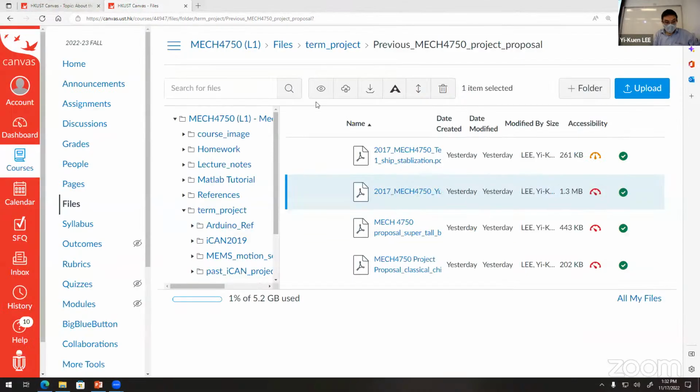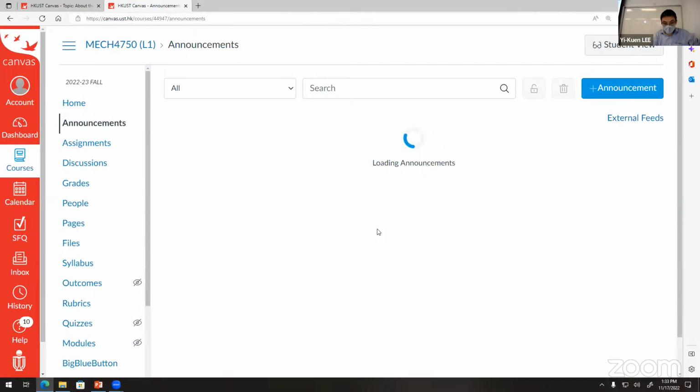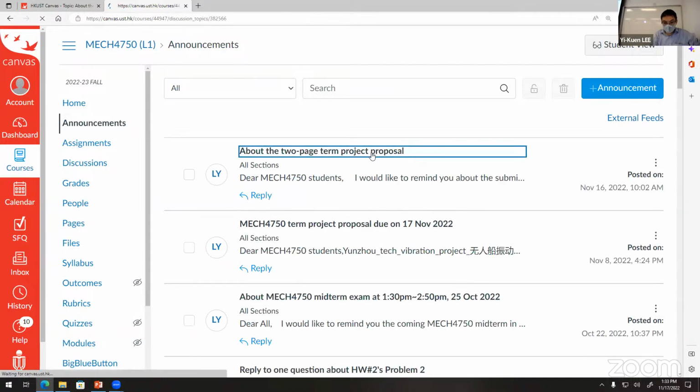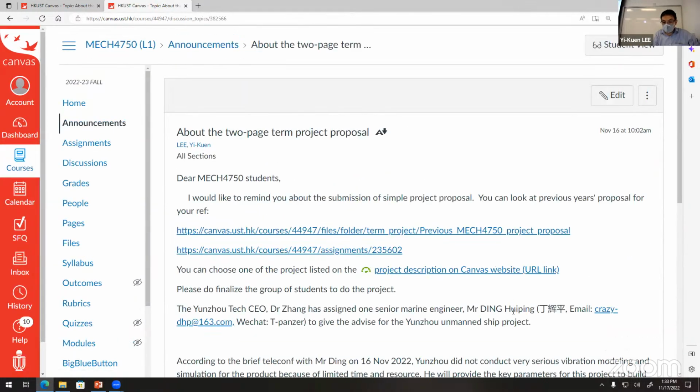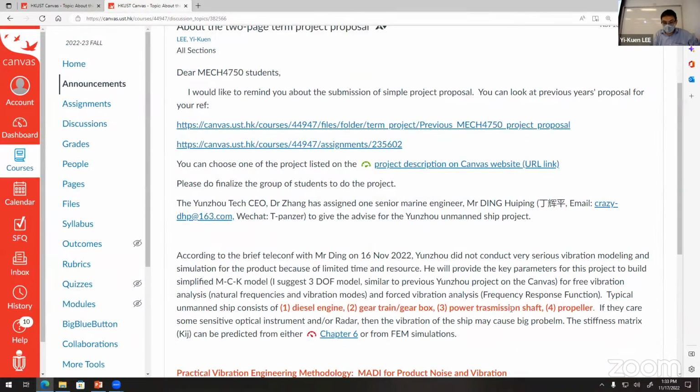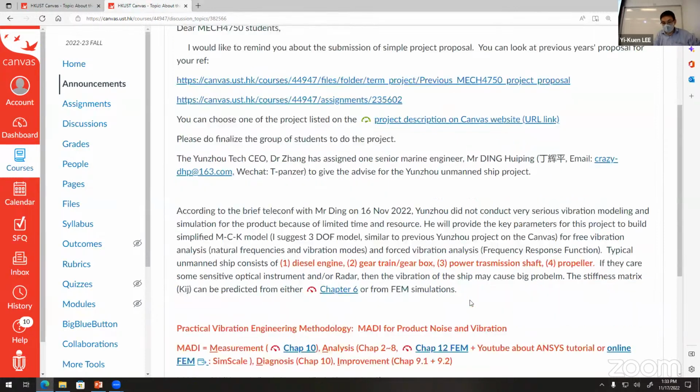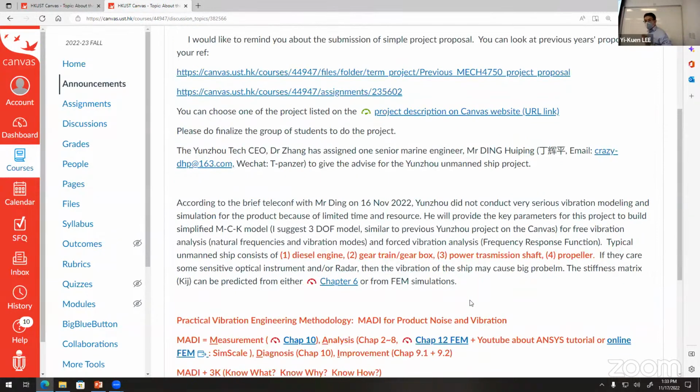And of course, I have communicated with Yunzhou Tech, and they assigned at least one senior marine engineer, Mr. Dean, to provide information about this specific vibration engineering project for one unmanned ship. At this moment, for this particular product, they haven't done very serious vibration modeling and simulation.